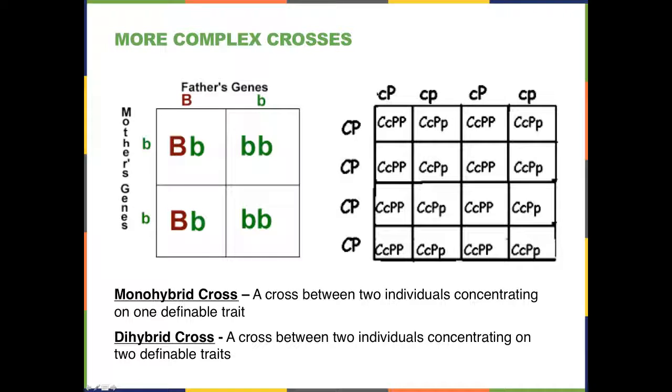And so for each gamete, you can have one of these with this, one of these with this, and on the other side you can have one with this and one with this. And so it gives you this much larger, more complex Punnett square. And so you can see that it goes from 4 cells to actually 16 cells. And this is what's known as a dihybrid cross.